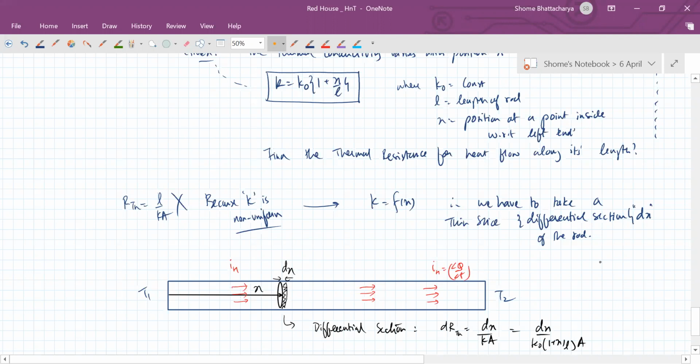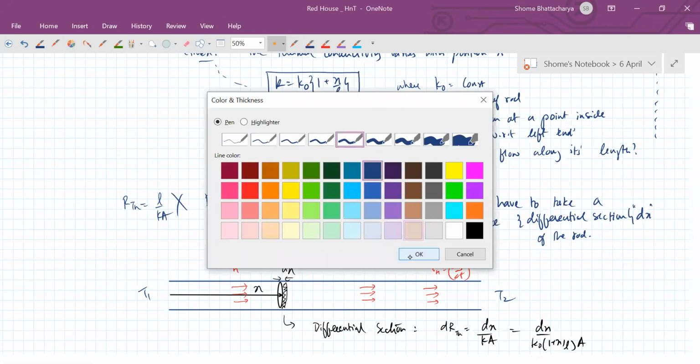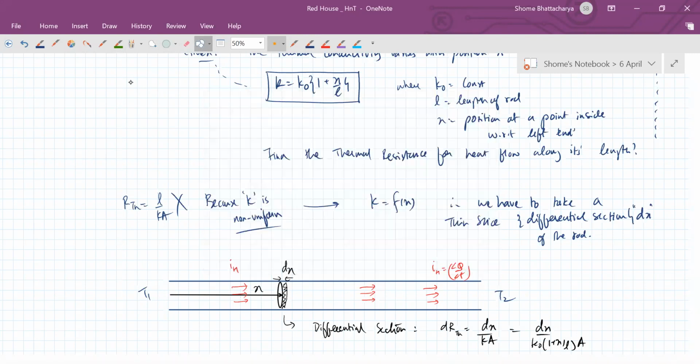So by now you must have understood what we have to do. We have to now imagine this entire cylinder or rod as a collection of infinite number of differential sections like this, or differential thin cylinders like this, which are kept in series combination with each other.